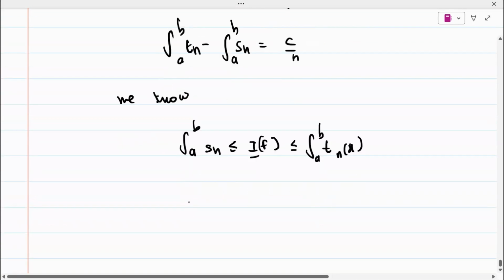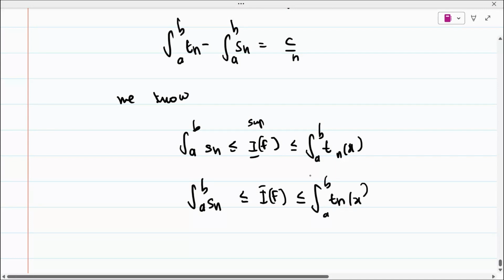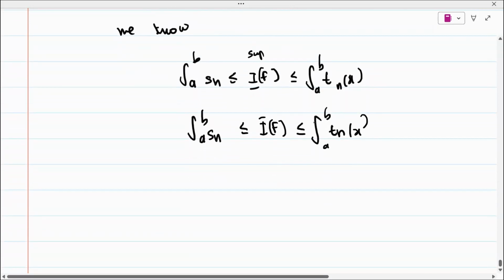Similarly, the infimum, the infimum of tn will be less than all of that, and since all of tn is less than that, sn is less than that. Okay, so this we have.